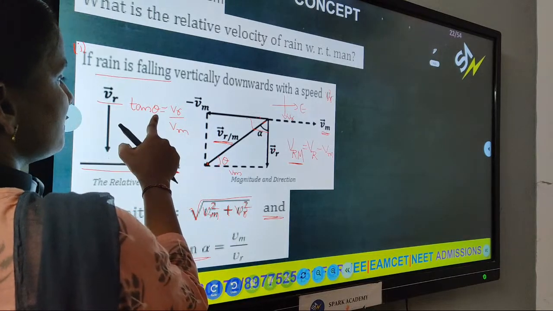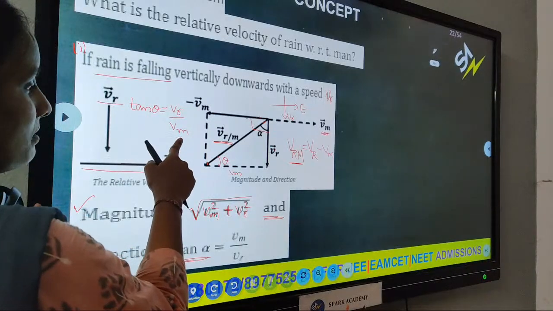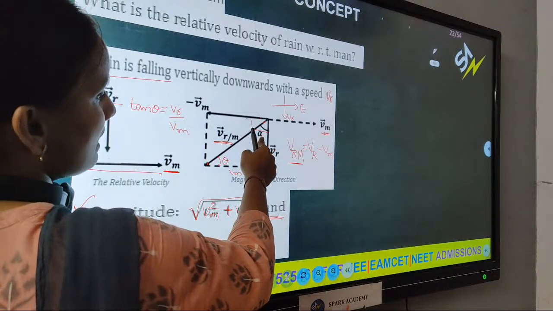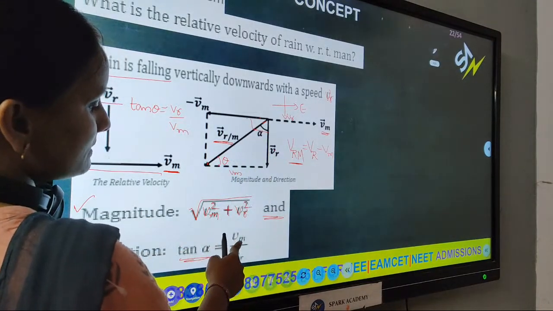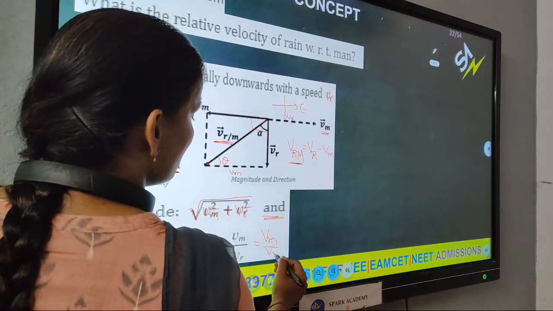When the resultant makes an angle theta with the horizontal, tan theta equals Vr by Vm, and the direction of the resultant making alpha with the vertical is Vm by Vr.